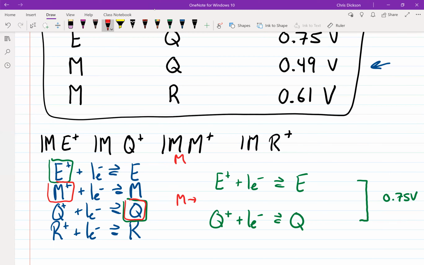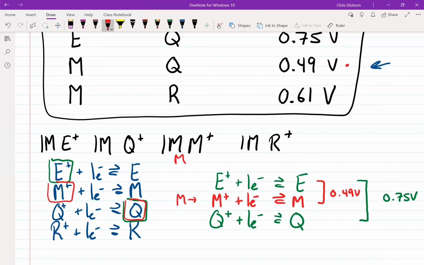Do you think it's above the E or in between the E and the Q? And this is where the voltage matters. Notice the voltage for this reaction is 0.49 volts, which is less than 0.75, which means the M reaction would be in there, and that would be 0.49 volts.